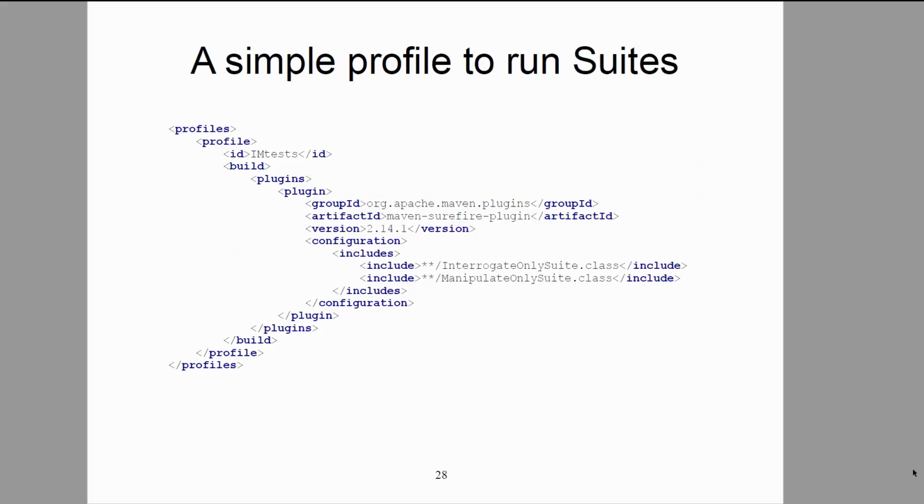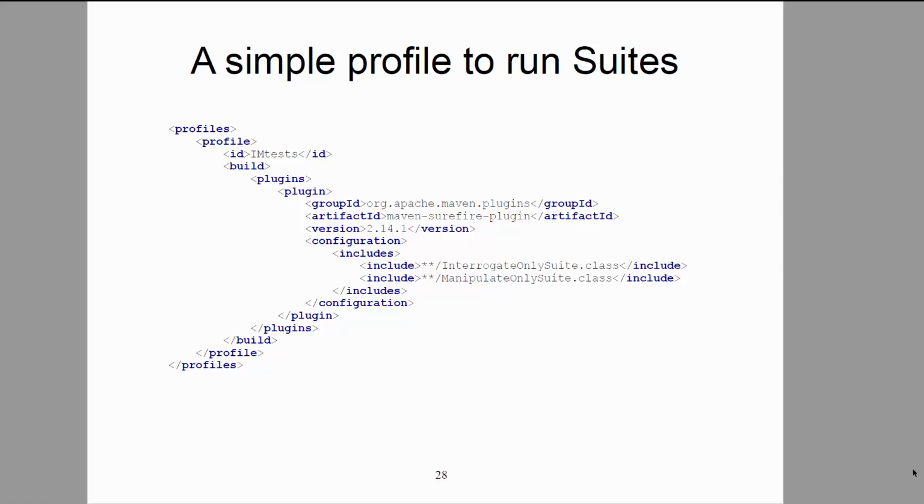So here I've created a profile called ImTests, which uses the Maven Surefire plugin and includes both of the suites that I've set up. So interrogate only suite and manipulate only suite. So this isn't running all the test classes in the code, this is only running those tests that are specified in those suites.